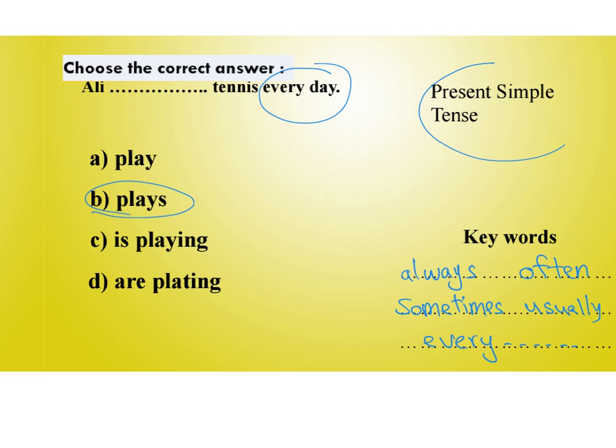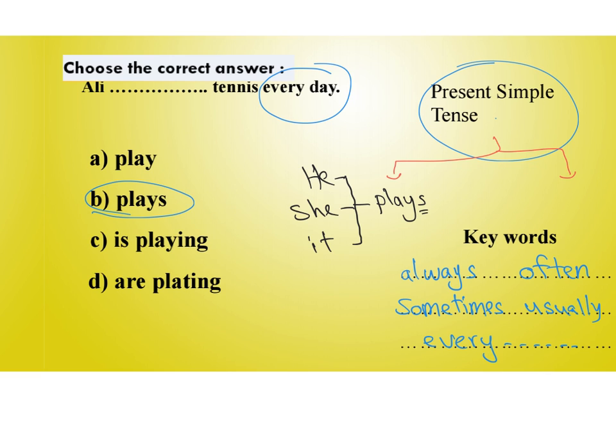Okay, now, how do we form a sentence in the present simple tense? We use verb plus s or es or ies with he, she, and it.